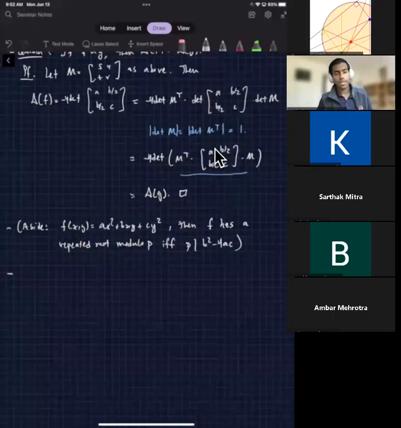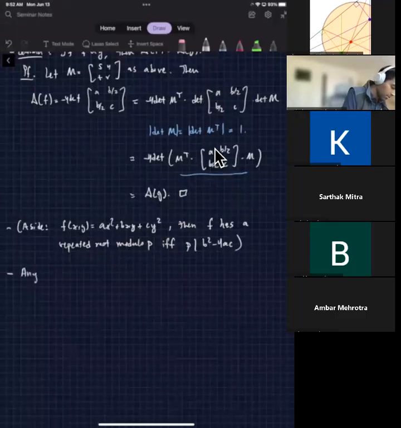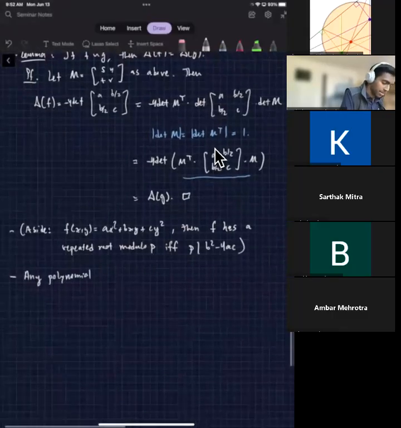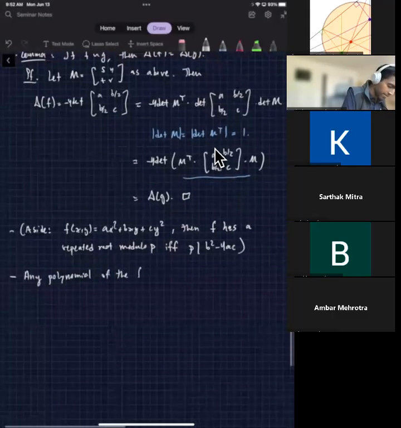But given that the discriminant is invariant, you could ask, well, what other polynomials in the coefficients of a BQF are invariant? We know b squared minus 4ac is invariant. And so any polynomial generated by b squared minus 4ac will be invariant.